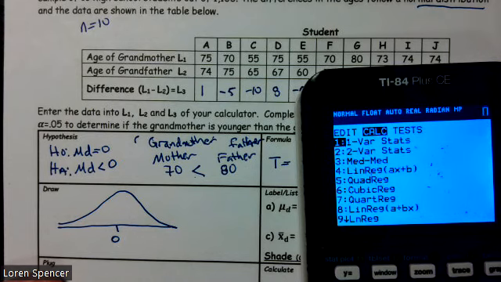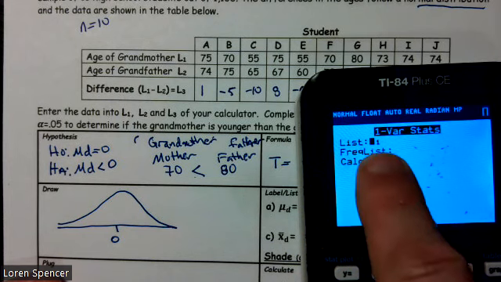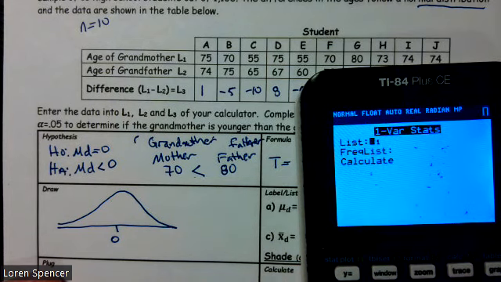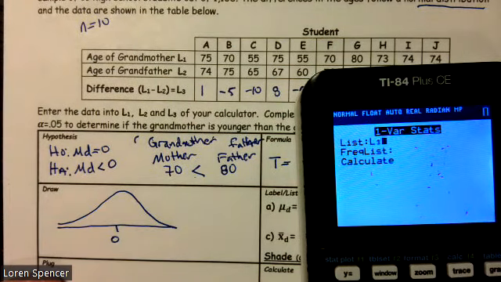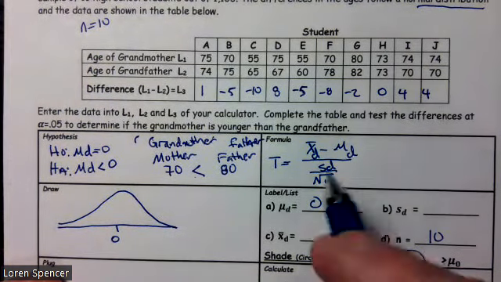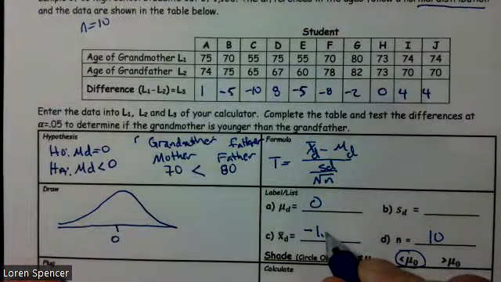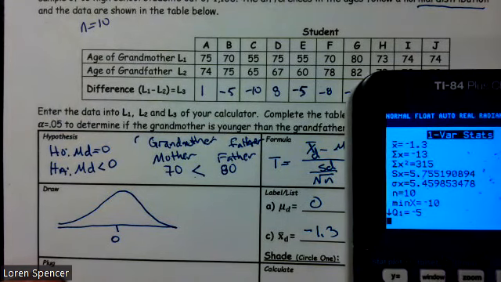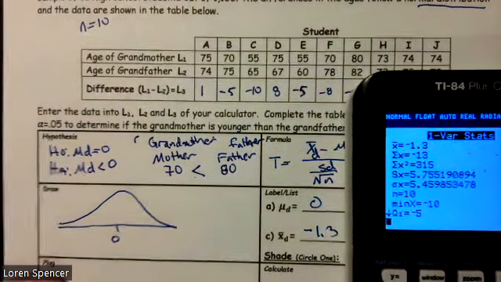So stat, calc, one variable statistics. And the list I'm interested in is not in L1, nor is it in L2. It's actually the list I have now in L3. So second 3. And I get a negative 1.3. And I get a standard deviation of 5.755.